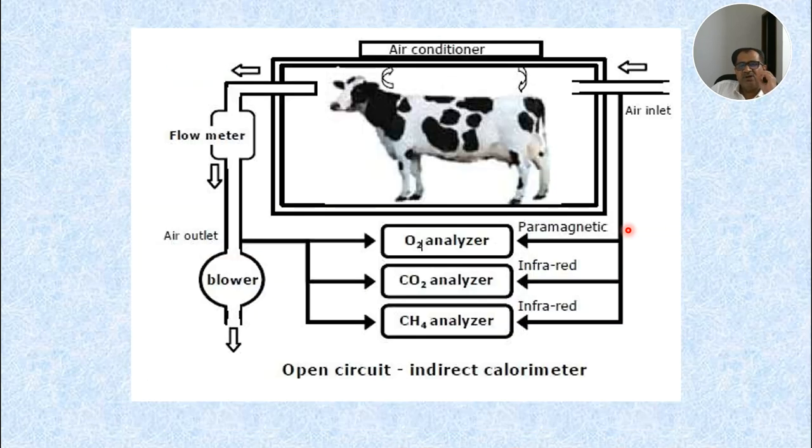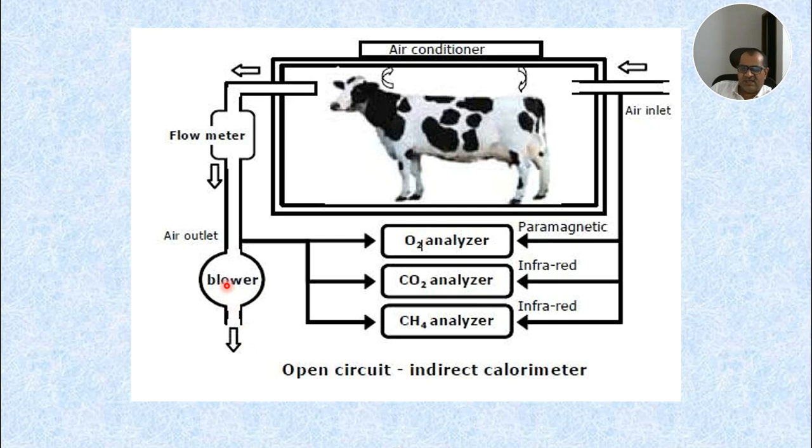Hence the animal is put under air conditioning, with a flow meter and different blowers. For example, the air inlet is there, then cool air is circulated throughout the animal's body, and the outflow of this is also measured, especially in the form of the blower.